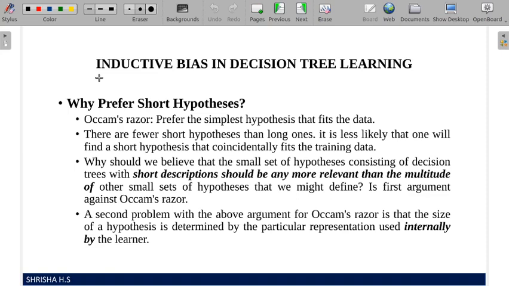We don't know. So that is the second argument against Occam's razor principle, or the inductive bias, where we noted that ID3 prefers shorter trees.